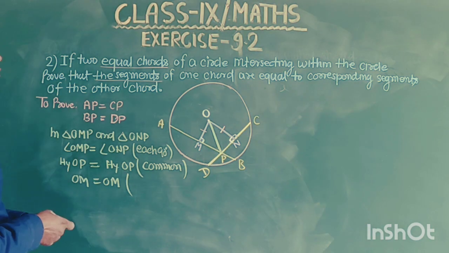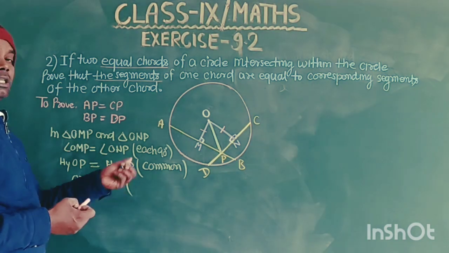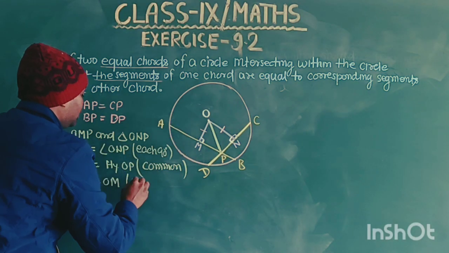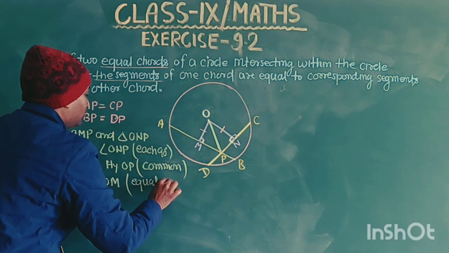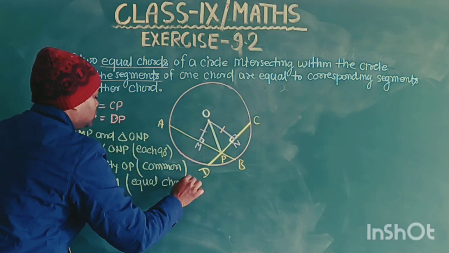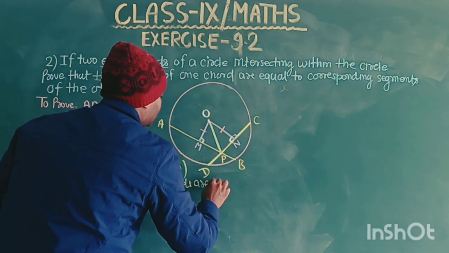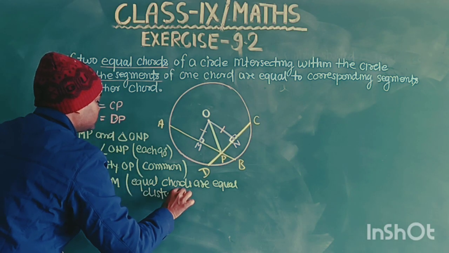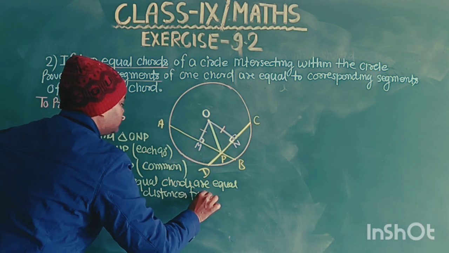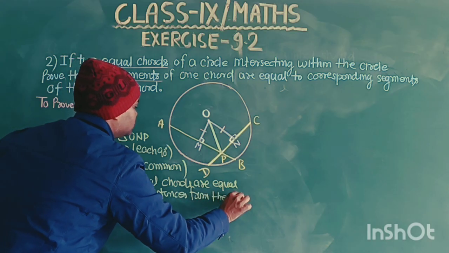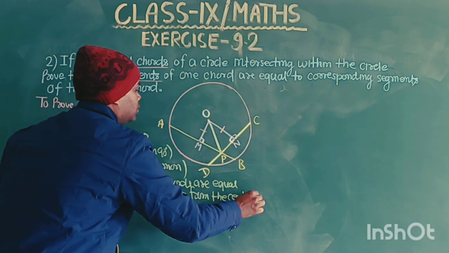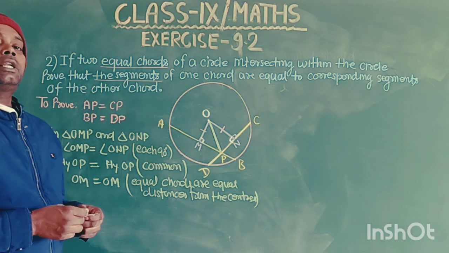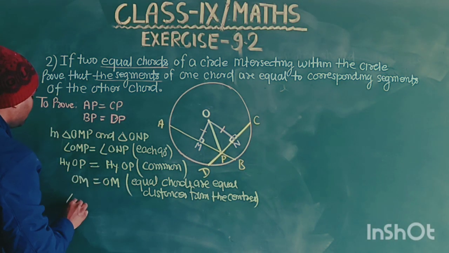The reason is equal chords are at equal distances from the center. So therefore by the RHS congruency criteria, these two triangles are congruent to each other.